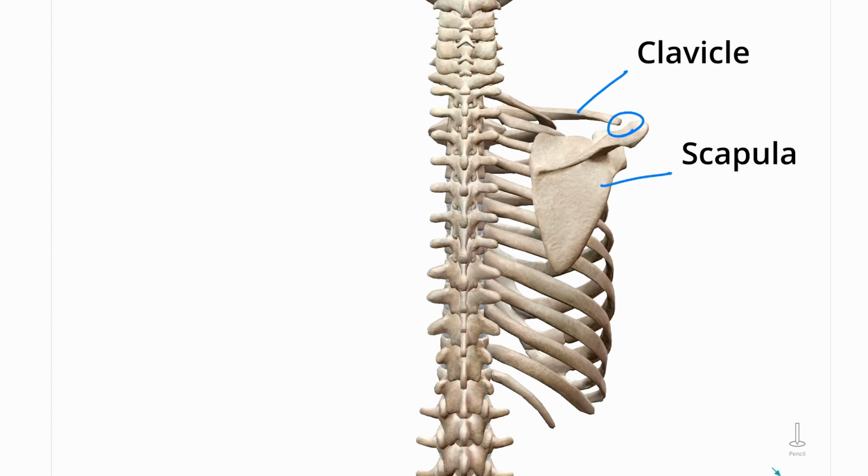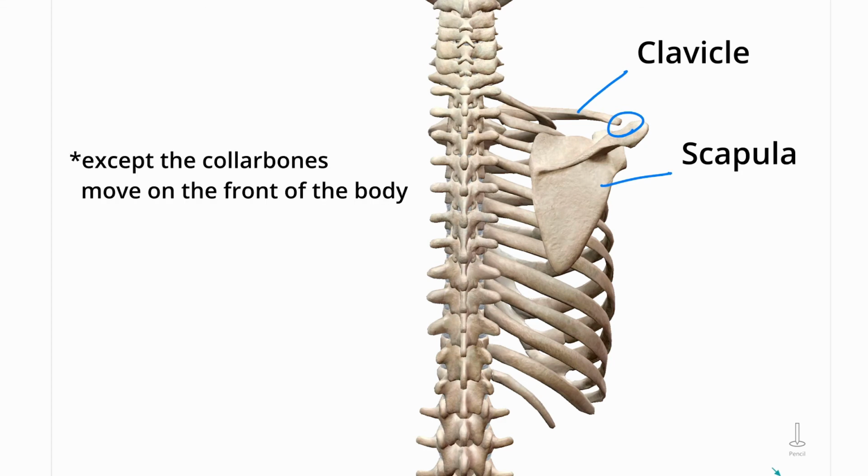Thanks to the help of some muscles that we'll talk about in the next video, and of course the synovial joints, these bones are able to move about, specifically move up during the respiratory process. Again, if you take a deep inhalation, you'll feel the scapula sort of gliding upward and outward along the back of your rib cage, and the same with your collarbones.